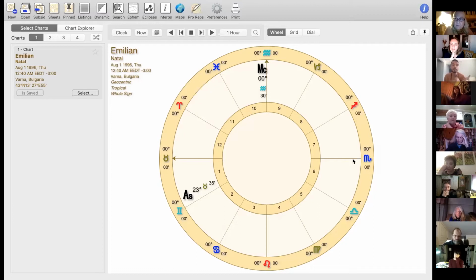Before I get into that, so you have the ruler of the year, but then there's also Lord of the month. So, for example, if you start here in a first house perfection year, the first month is going to be ruled by Venus. The second month is going to be ruled by Gemini, so Mercury. The third month by Cancer, so the moon.